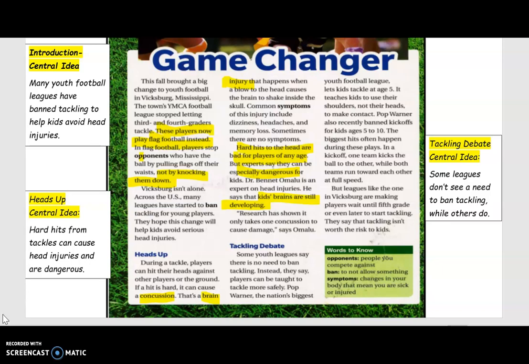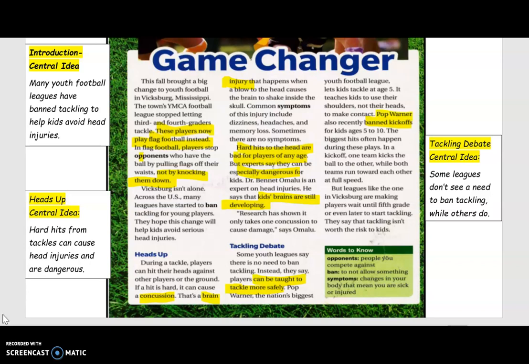Some of the things I think would support that idea is this one, it says players can be taught to tackle more safely. So they don't think that they need to ban tackling. They can just teach them how to tackle safely. Another supporting detail could be that instead of banning tackling, they just ban the kickoffs.